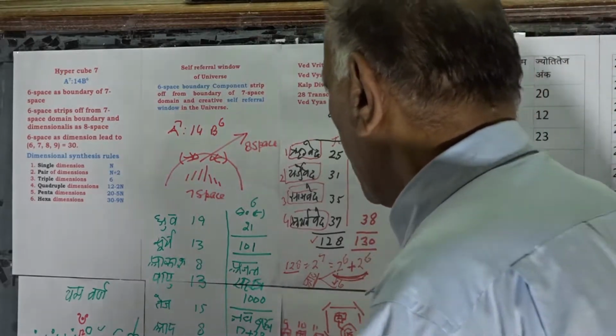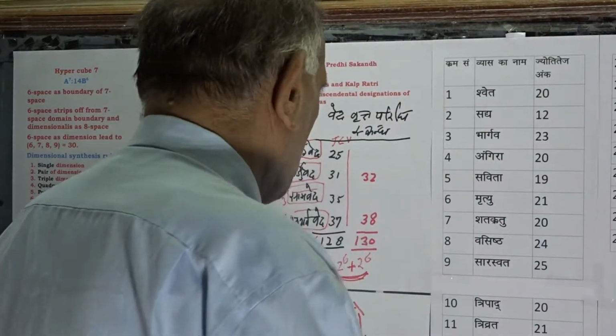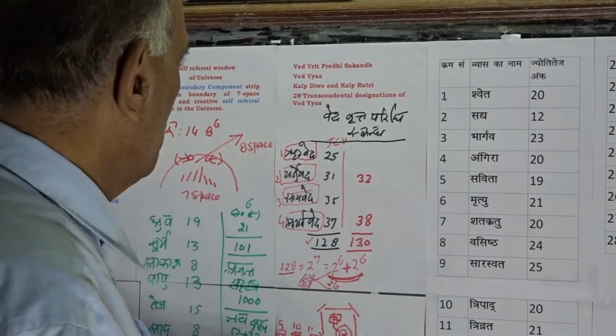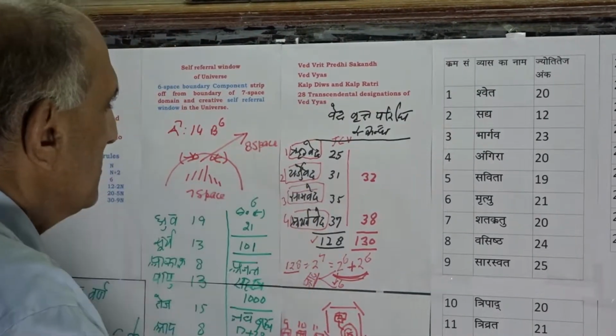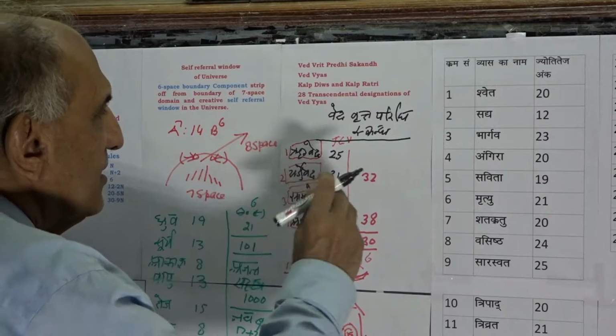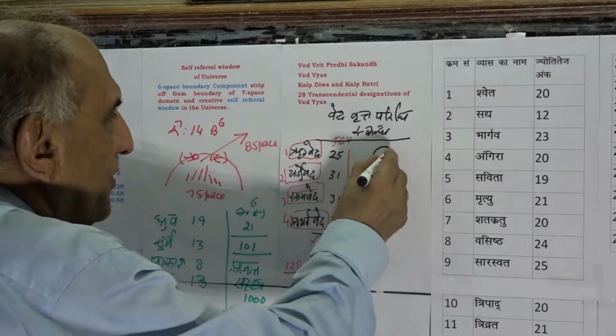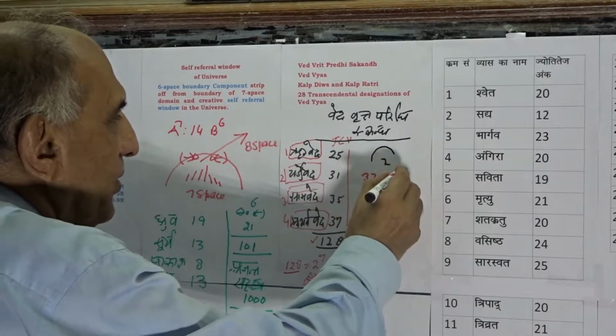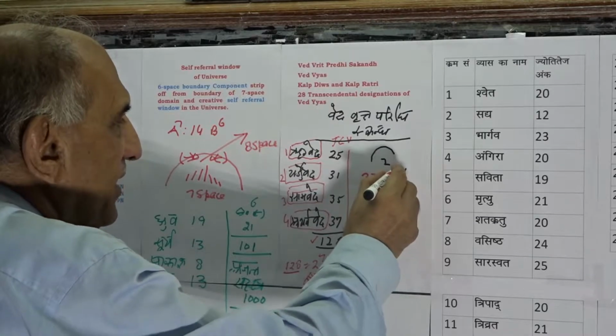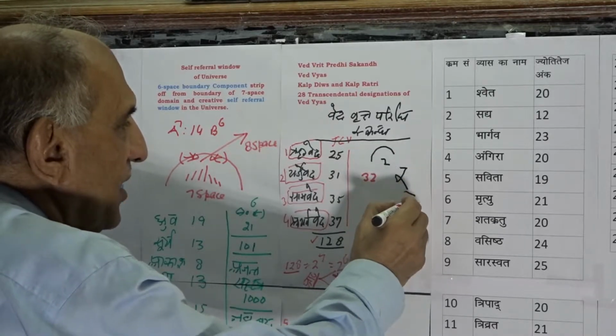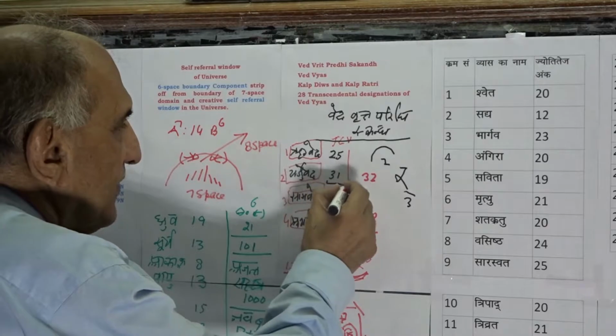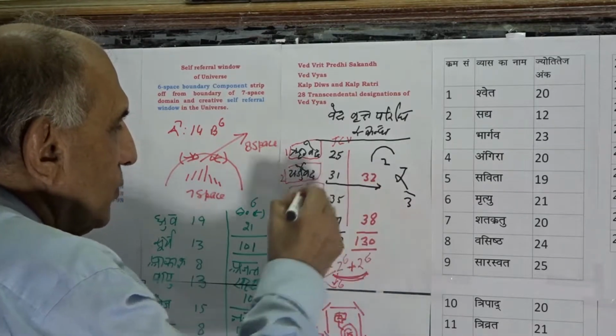Let us further have a pause here and take note that the formulation Yajurved is accepting RAF of value 2, while we know the RAF is having a value 3. Therefore, this will take us from value 31 to 32.